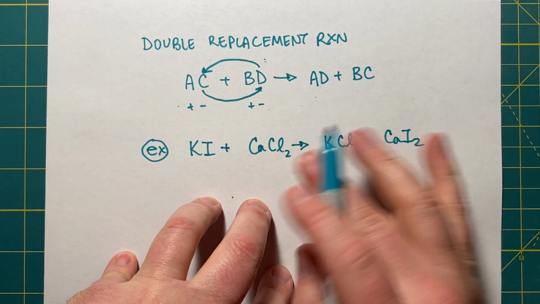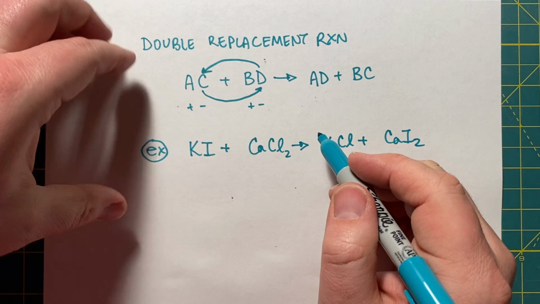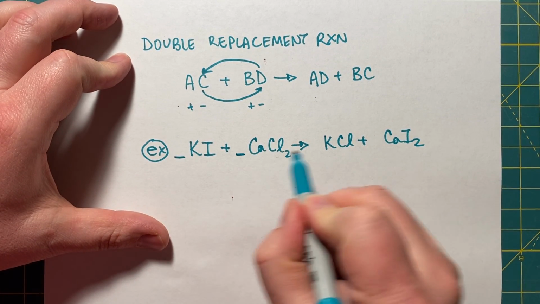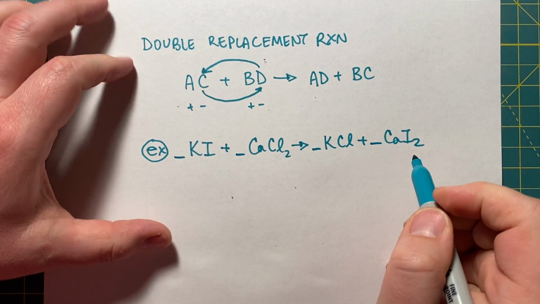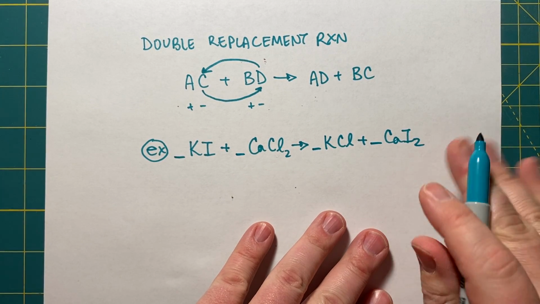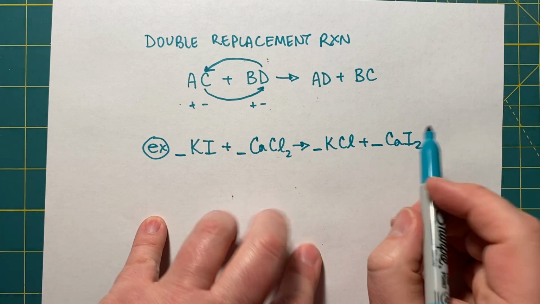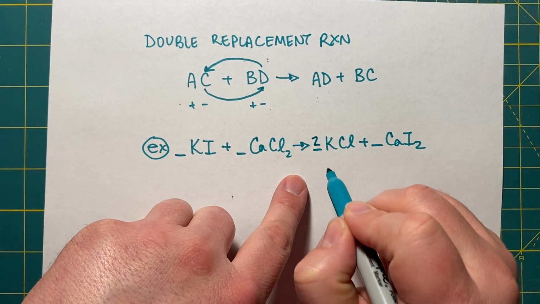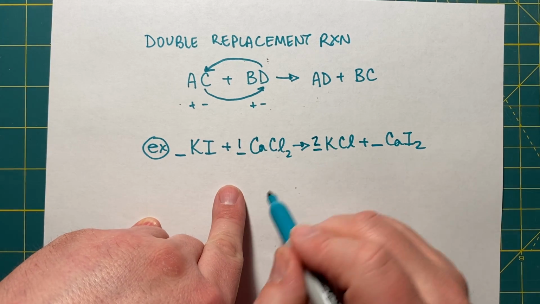The universe isn't happy though with what we have here, and so after having our formulas correct, we get to balance this as well. I see that I've got 2 chlorides here, so I'm going to need a 2 here and probably a 1 here.